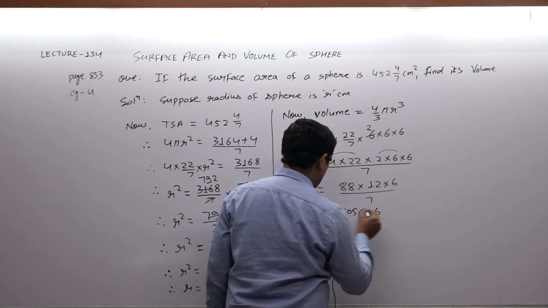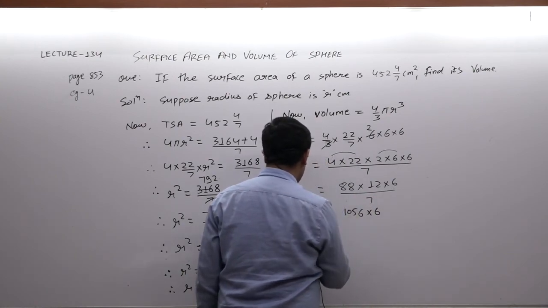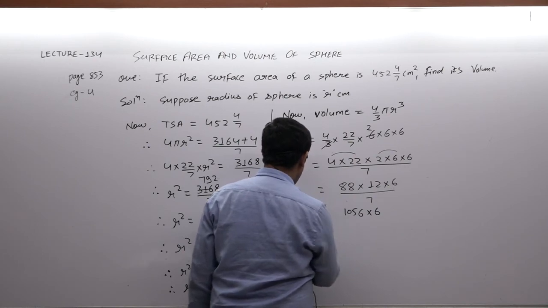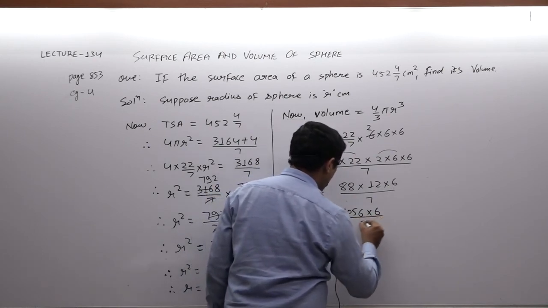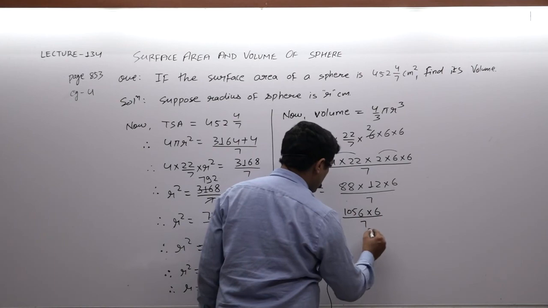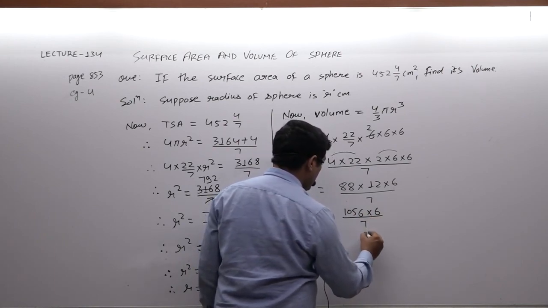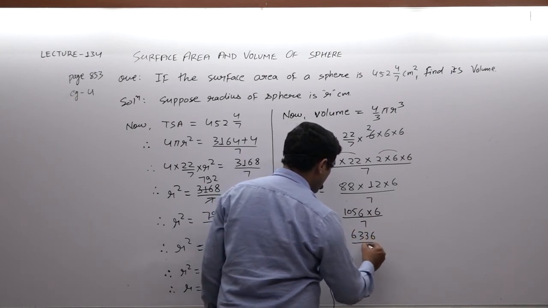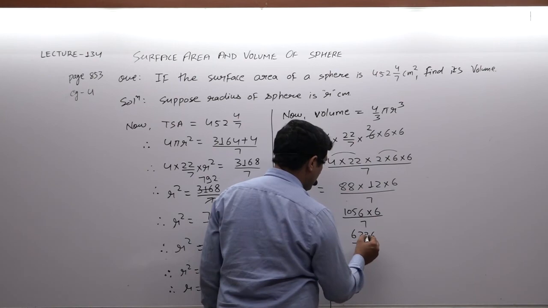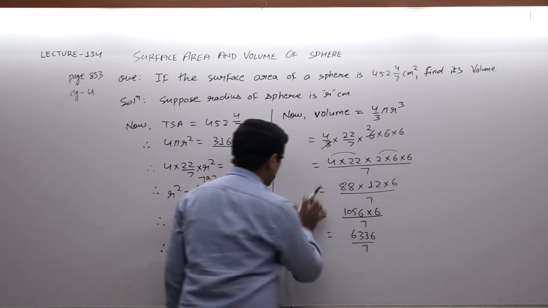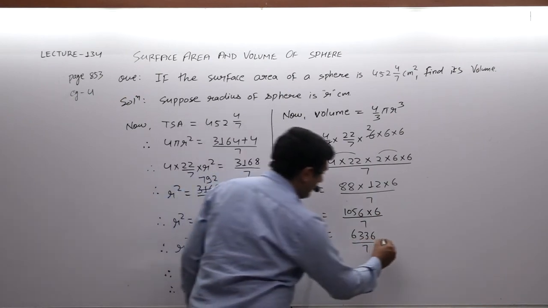1056 into 6 divided by 7. So this is 6336 upon 7. Okay, so this is almost we can say our final answer.